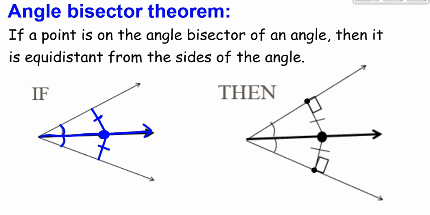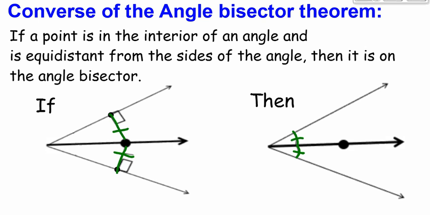So the distance from the point to this side of the angle is equal to the distance from the point to the other side. That's the angle bisector theorem.